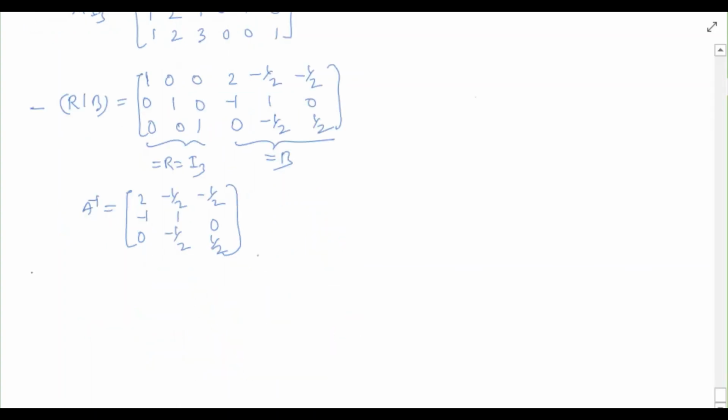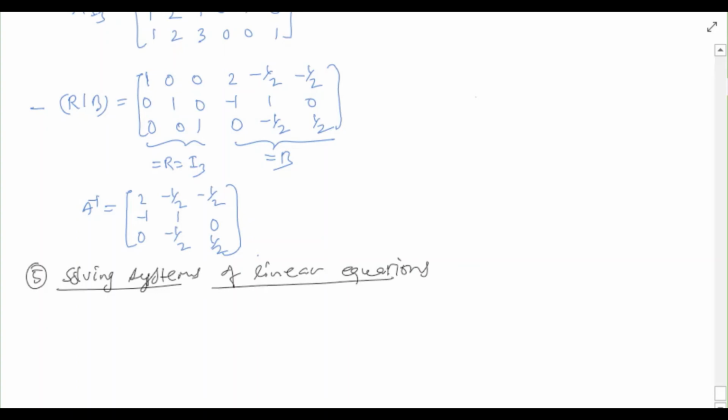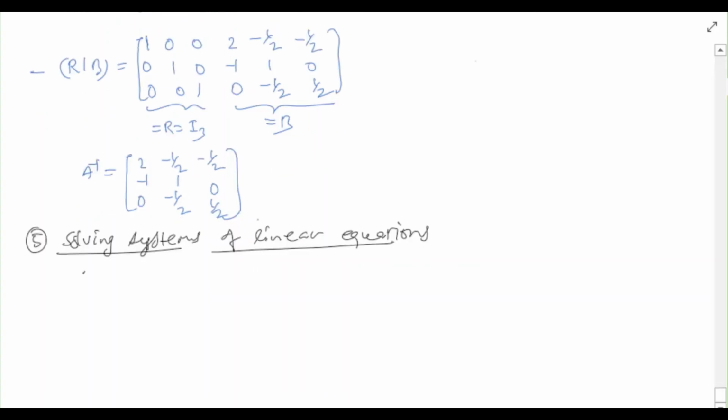We now discuss another application of Gaussian elimination, namely solving systems of linear equations. Consider a system of linear equations Ax equal to b. We start with a very important result that we state as a theorem.